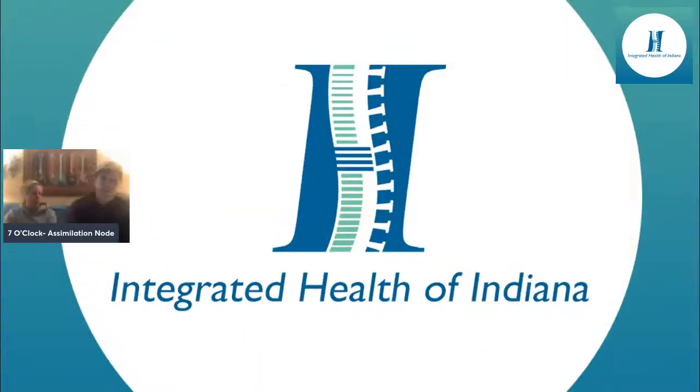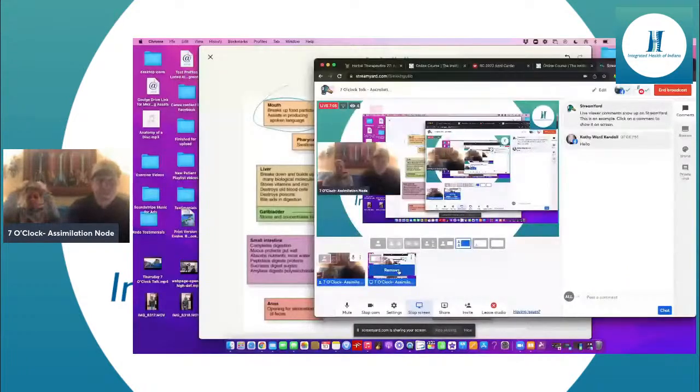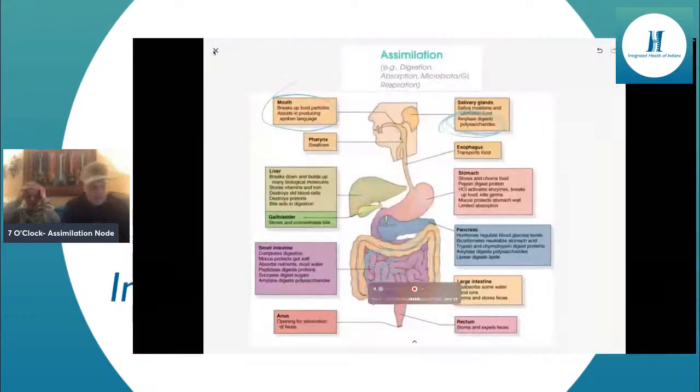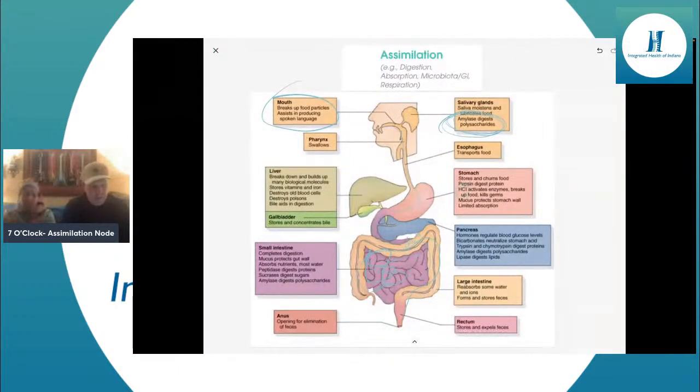So back to the digestive tract. And your stomach has hydrochloric acid in it. And that hydrochloric acid is very important. And hydrochloric acid can have a pH of 1 or less than 1. So it's very acidic.